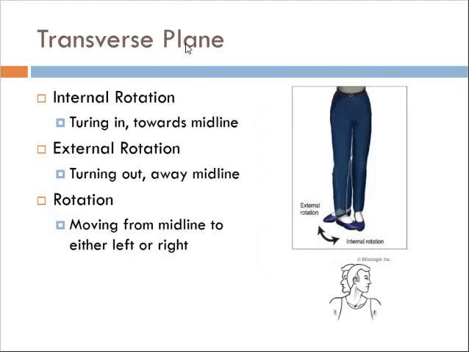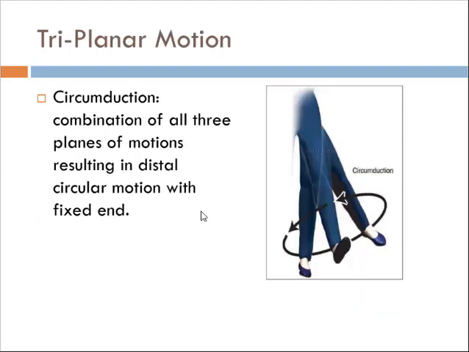In the transverse plane, or the horizontal plane, when a body segment is turning in towards midline, we call that internal rotation. And if it's turning out, external rotation. If we're talking about the axial skeleton, it's just whether you're turning to your right or turning to your left. There's also something called tri-planar motion, which is used in the reading, called circumduction, and it's basically the ability to make a cone. You can do this with your finger, with your hip, and with your shoulder.